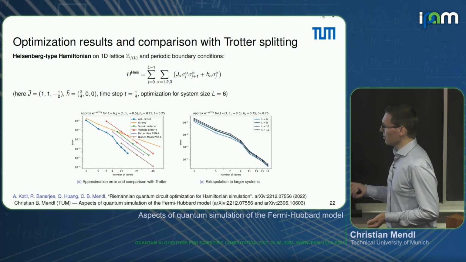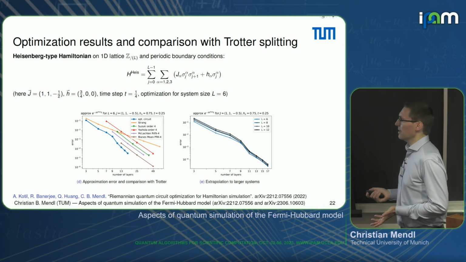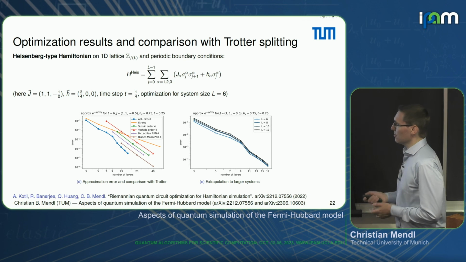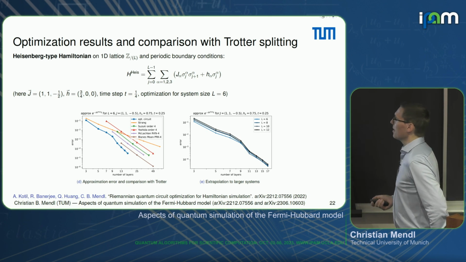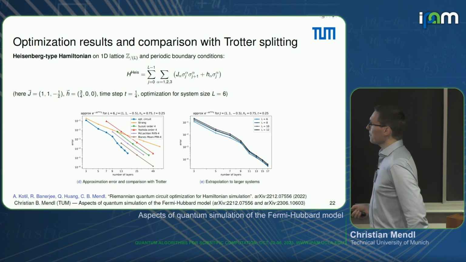Because we can always use the Trotter method as starting point for optimization and then optimize it further. So we can never be worse than any of these Trotter methods. And here also this extrapolation to larger systems: if you use the same gates for larger systems, the error again doesn't really change a lot.